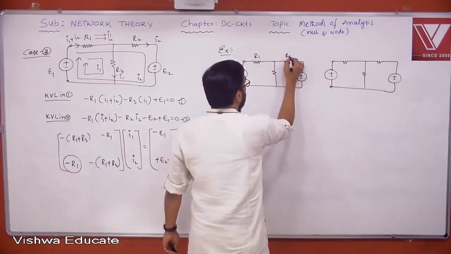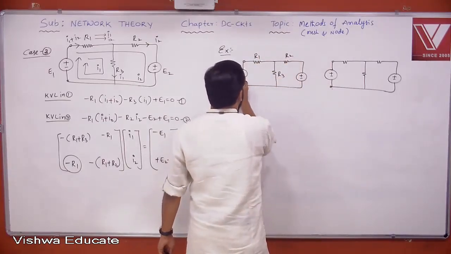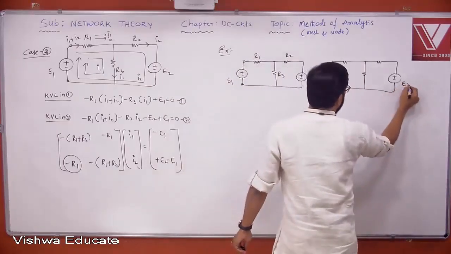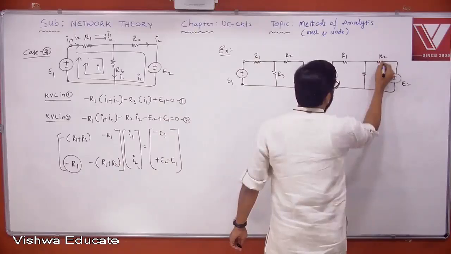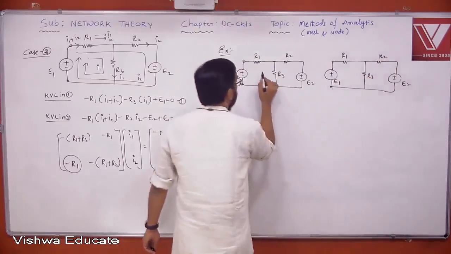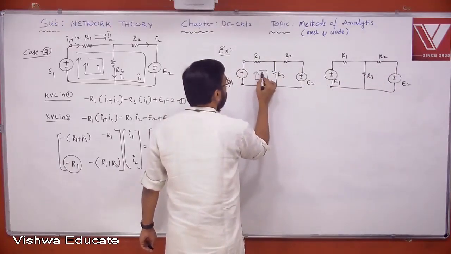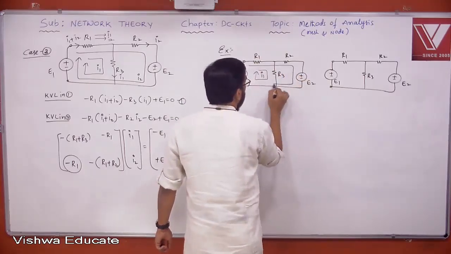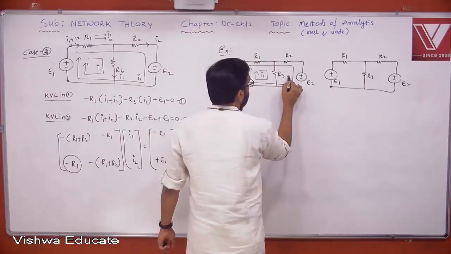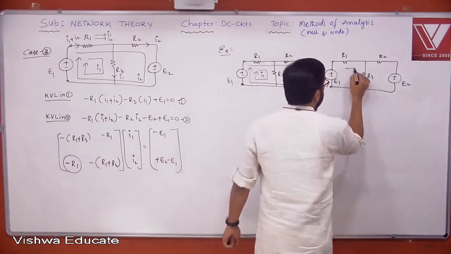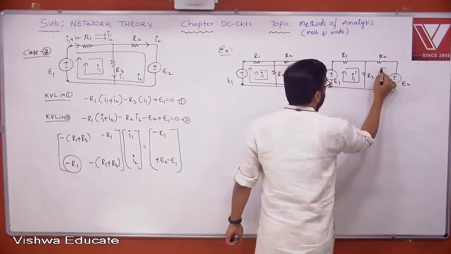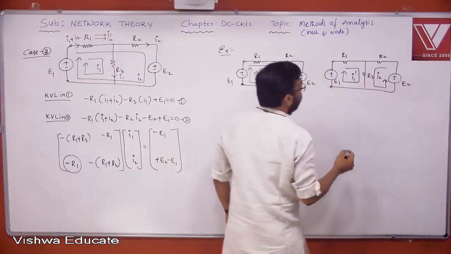This is R1, R2, R3, E1, E2, and again E1, E2, R1, R2, R3. Here the current flowing is I1, here the current flowing is I2. In the other network the current flowing is I1 dash, and this is I2 dash.